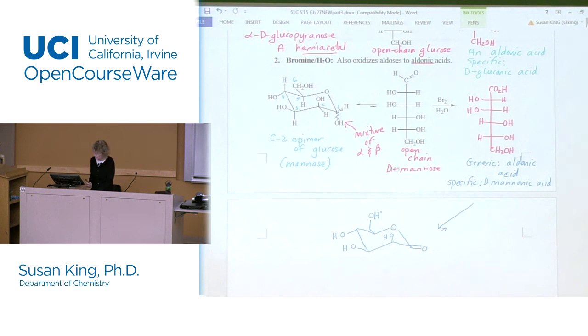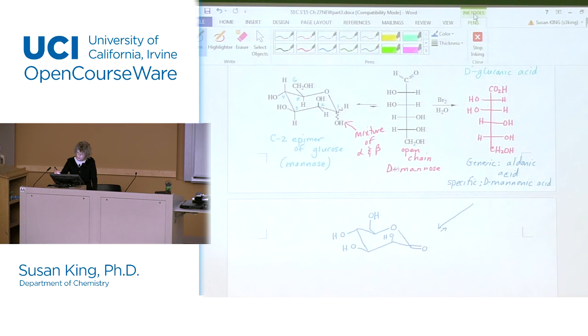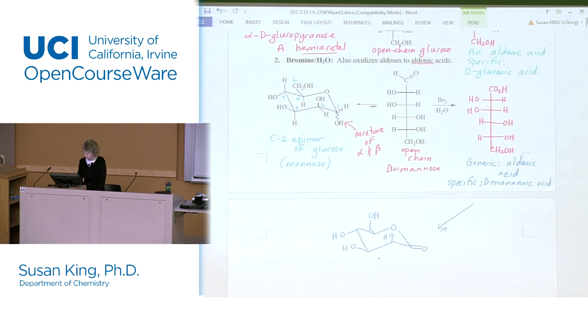Notice all the rest of the hydroxyls are untouched. And so basically this is an ester in a six-membered ring. So this is a lactone. So this is D-mannonic acid lactone.